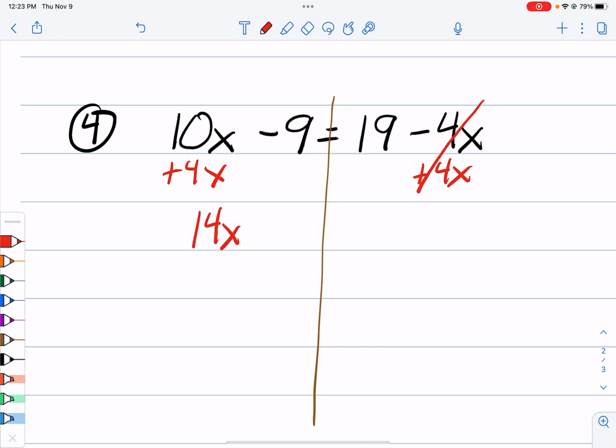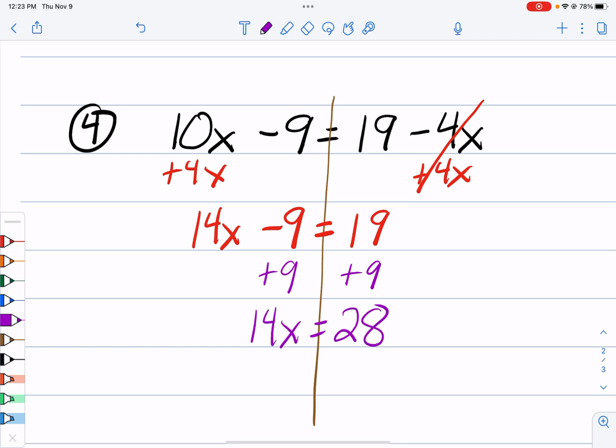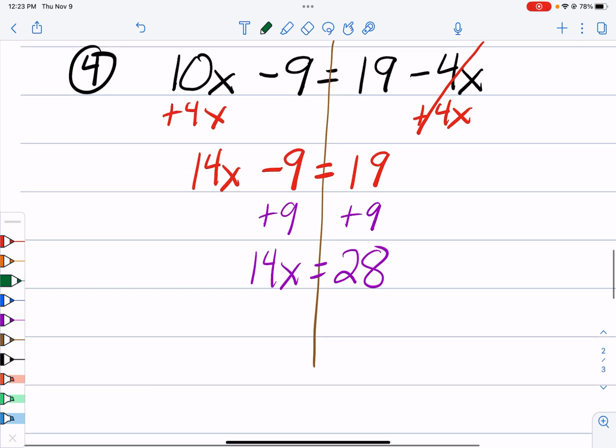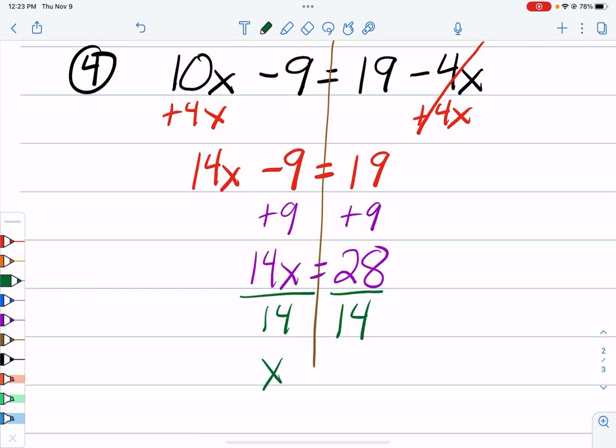So I have a 14x, still have my negative 9, and it still equals 19. I'm going to add 9 to both sides, and I'm going to get 14x equals 28. And then I'm going to divide by 14, and I'm going to get x equals 2.